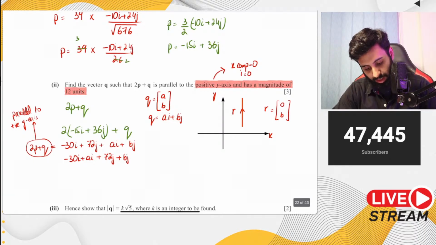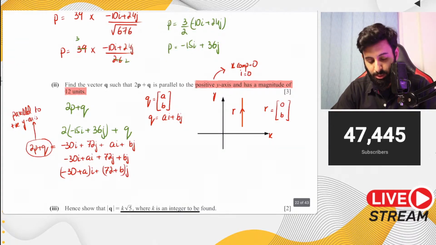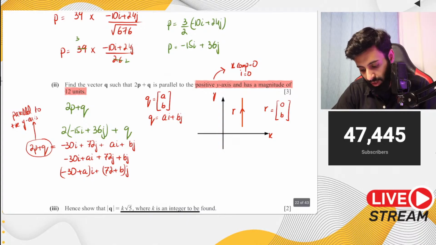Now let's take I common. So minus 30 plus a into I plus 72 plus b into j. Because this vector is parallel to the y-axis, its I component will be 0. So I can use that information to find the value of a. I will say that minus 30 plus a equals 0, which means a equals 30.